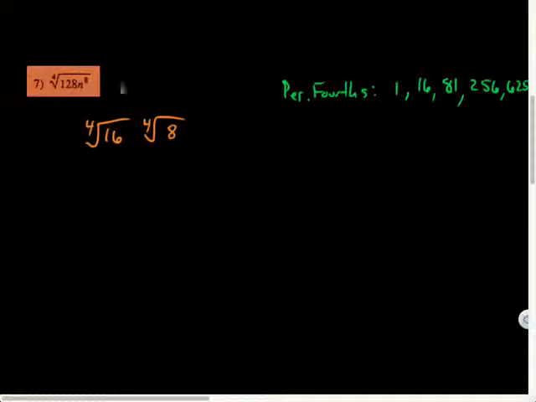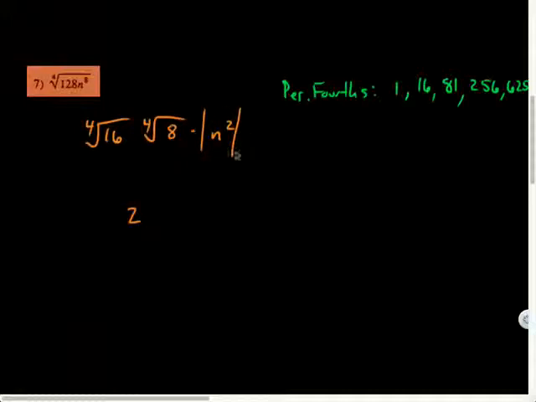How about the 4th root of n to the 8th? That's going to be n squared. Question: does the even-root rule apply? Does an absolute value show up? Okay, so let's simplify this. 4th root of 16 is 2.